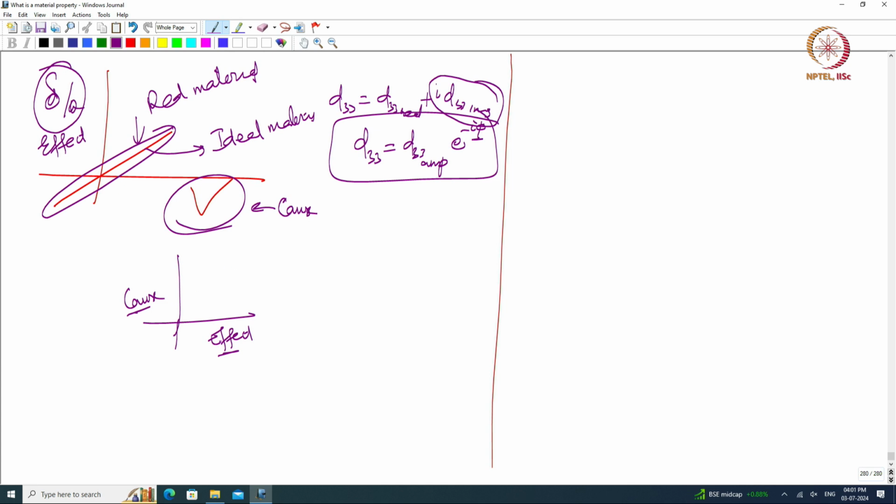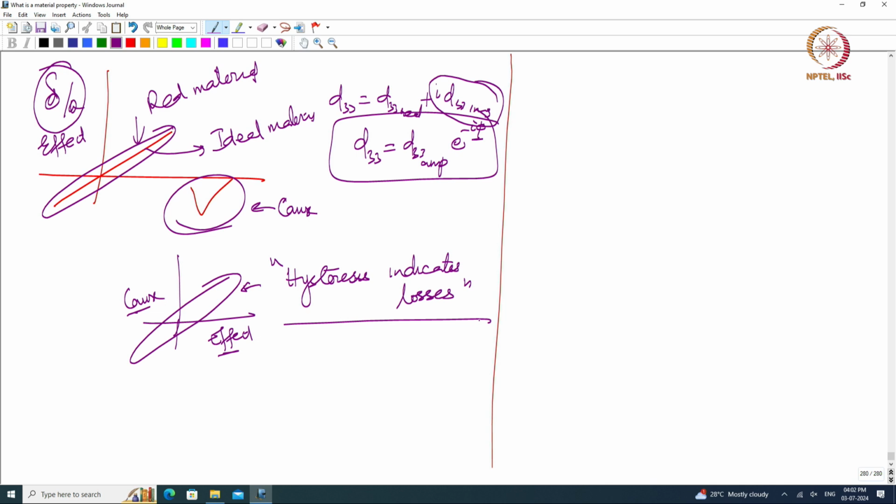Okay. So, this is force and this is the cause, the thermodynamic cause of force. Those typically tend to be like this in a linear regime, and with any sort of hysteresis, they tend to be hysteretic, and hysteresis indicates losses. Okay. So, keep that in mind.